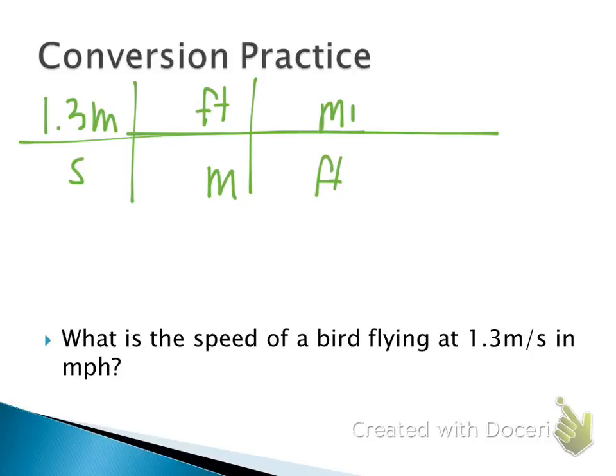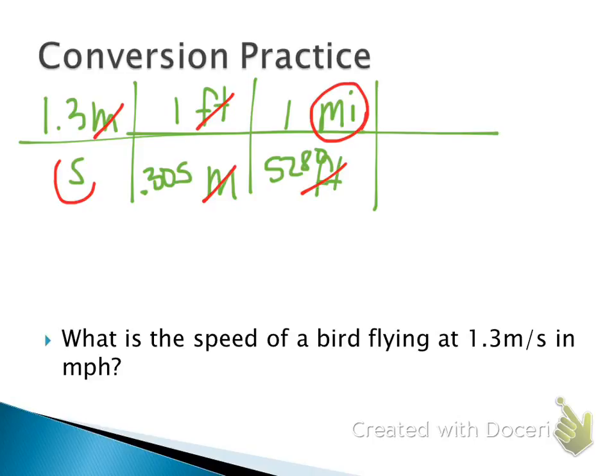There's a couple different ways you could go about that, but 0.305 meters. If I stopped right there, my meters have canceled, feet have canceled, I'm left with miles per second. Is that what I want? No, I want miles per hour.